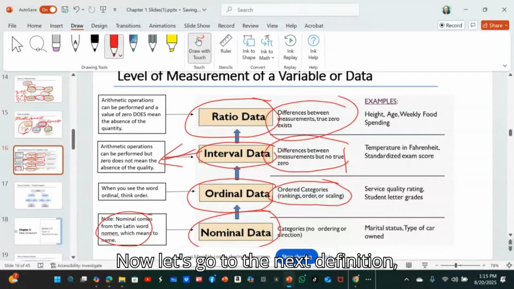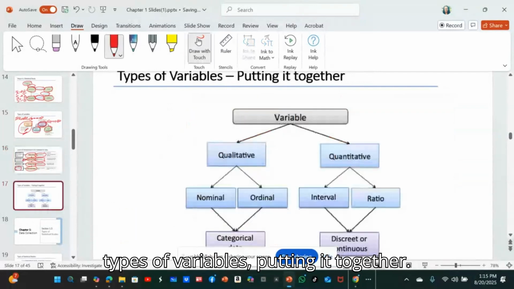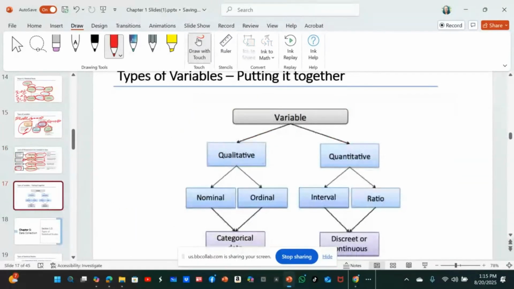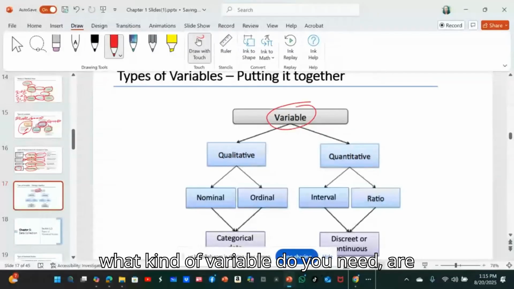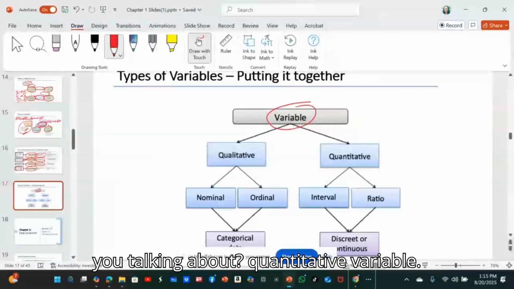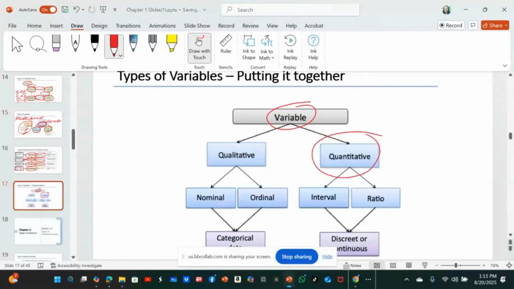Now let's go to the next definition, types of variables, putting it together. This is another way you can see the types of variables. When you say a variable, another person is going to be thinking, what kind of variable do you need? Are you talking about a quantitative variable?